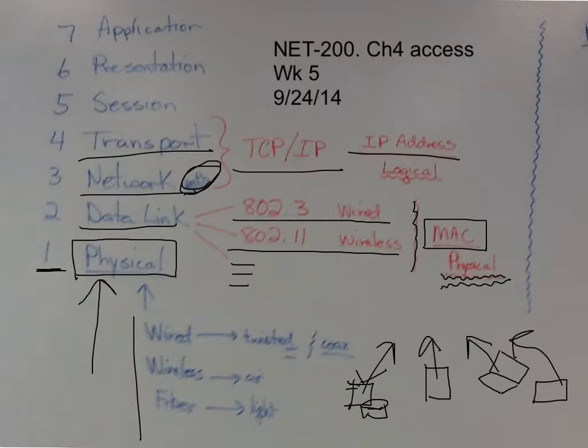IP address, then I asked them, why is that called a logical address and how is that different than a physical address? And a couple things the students mentioned, it usually gets a logical address, and your phone's got a MAC address, but depending on where you are, it could get different logical addresses.